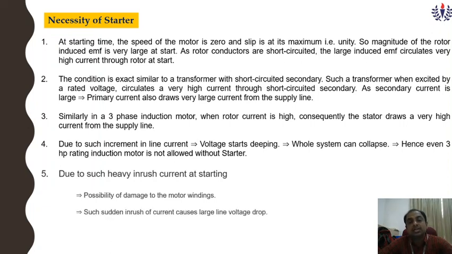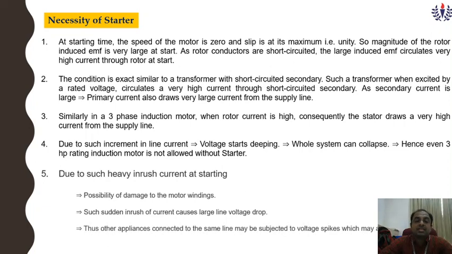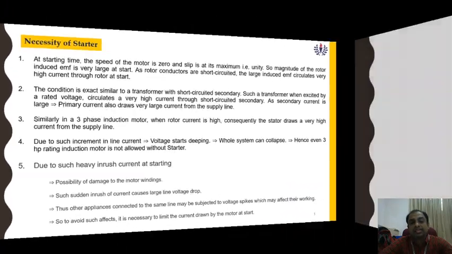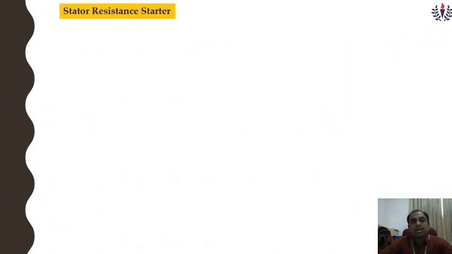Such sudden inrush of current causes a large line voltage drop. Thus, other appliances connected to the same line may be subjected to voltage spikes which may affect their working. So, to avoid such effects, we have to limit the starting current drawn by the motor at start.